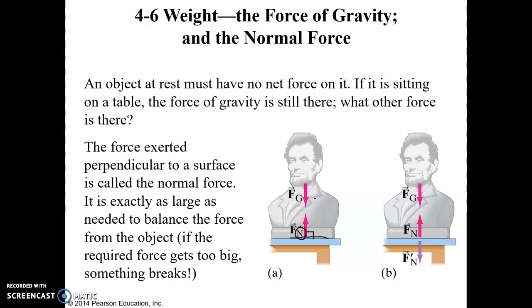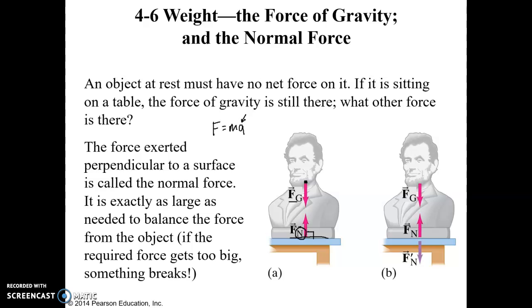So here we have this bust of Abraham Lincoln sitting on top of a table. It has a certain weight, a force due to gravity pushing down. Something has to be pushing back against it, otherwise there would be an imbalance of forces. And wherever there is an imbalance of force, because force equals mass times acceleration, then the object would be accelerating.